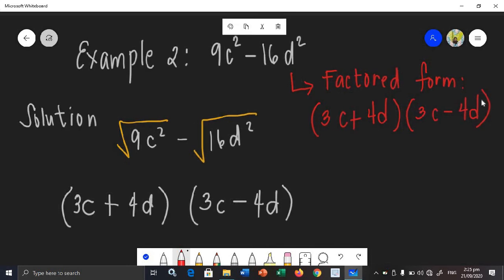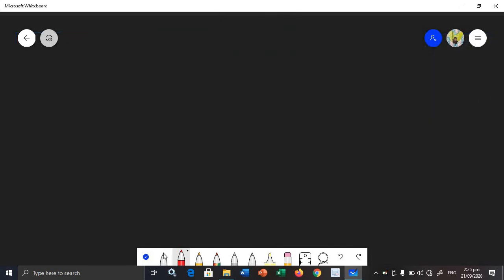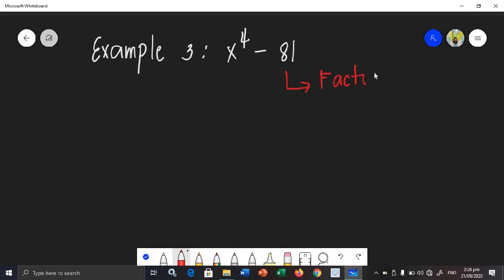Last example, let's say we have here example number 3. Let's say we have x to the 4th power minus 81. So I'm going to write the factored form here, and then the solution here.